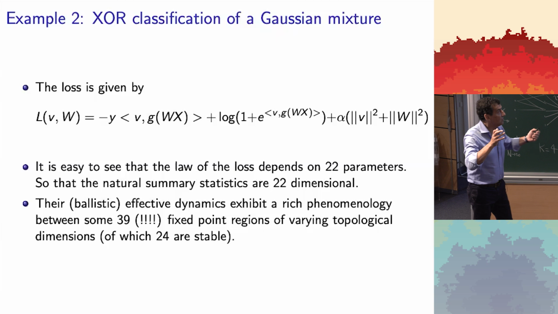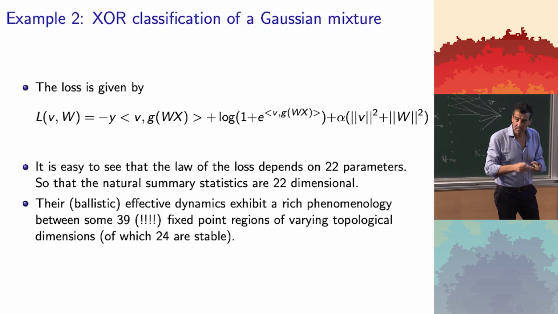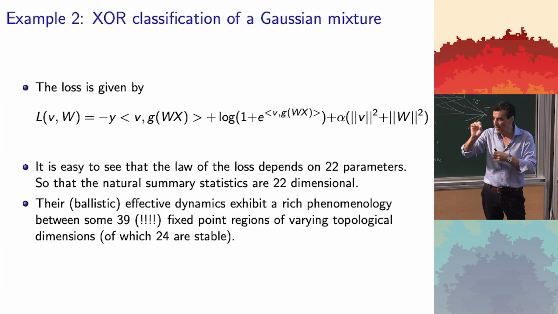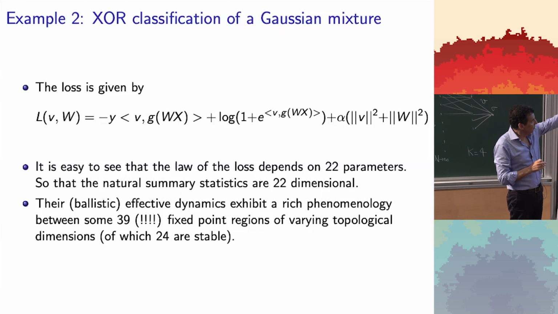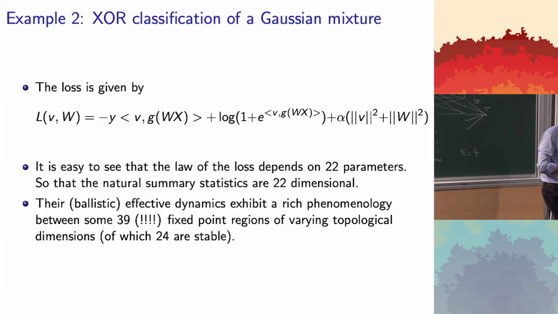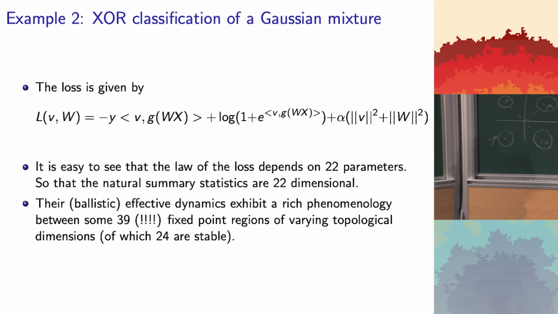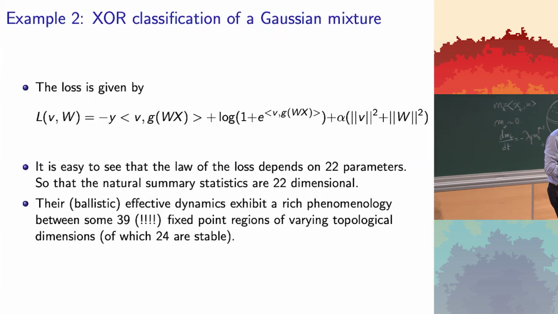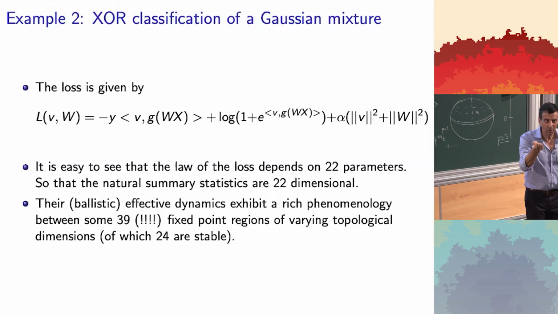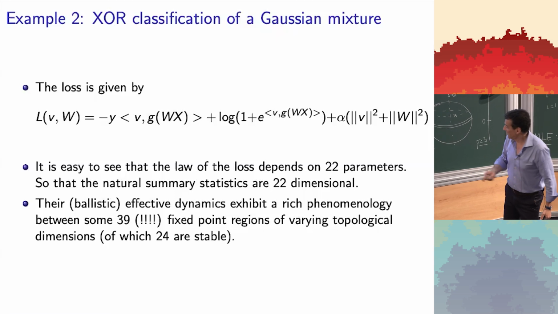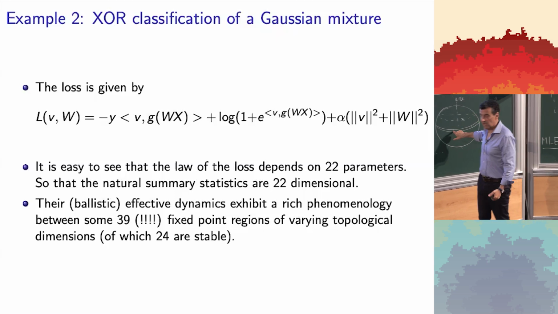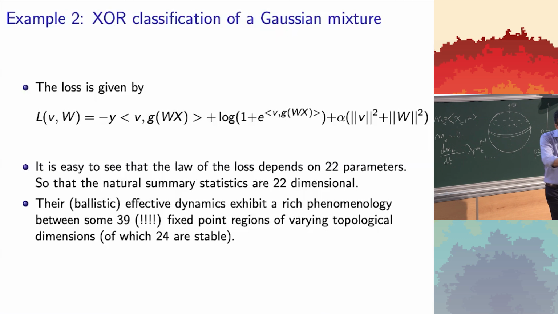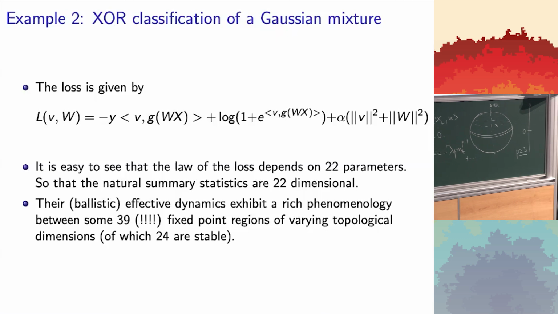And they have various topological dimensions. Some are lines, some are planes, some are points. And 24 of them are stable. The stable ones are the ones you don't like, okay? Except for the neighborhood of the minimum, right? This is a stable place which is hard to escape, and you don't like that. You want your algorithm to not get stuck there, right?